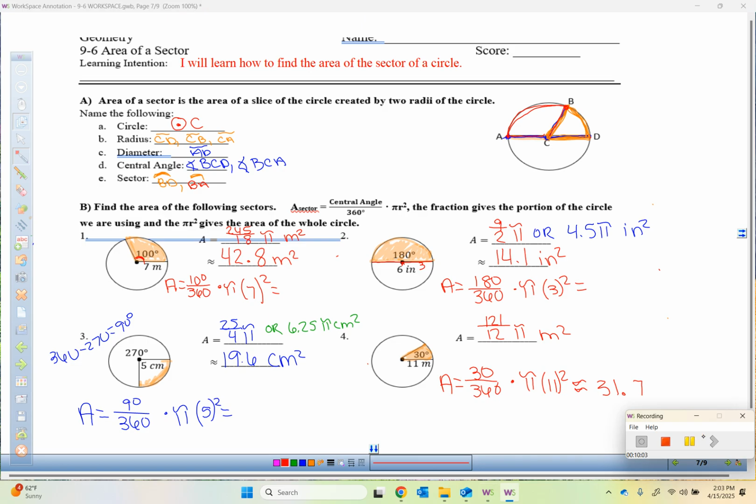Okay. So also on this, if you wanted to take the 121 divided by the 12, this is where you would get 10.1 pi. This is what you're talking about. This or that. Either way. Okay? But we just have to make sure if it has an equal sign, that is in terms of pi. That's the main thing, okay?